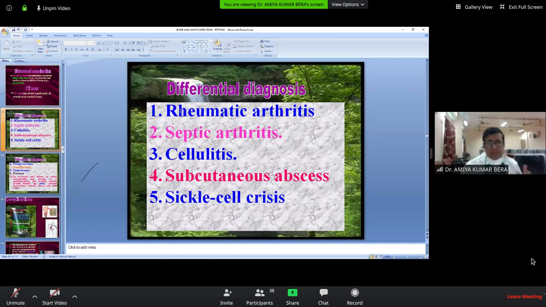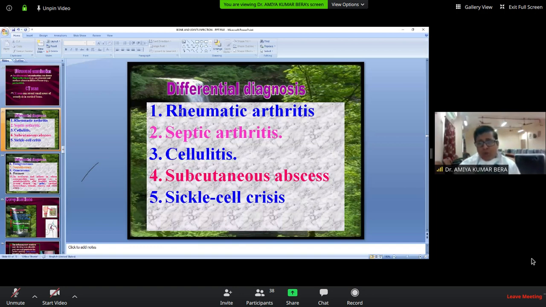In osteomyelitis, it's near the ends of the bone, not exactly over the joint. Movement in both conditions may be restricted, but it's more restricted in septic arthritis, and much more painful on attempted movement compared to osteomyelitis.